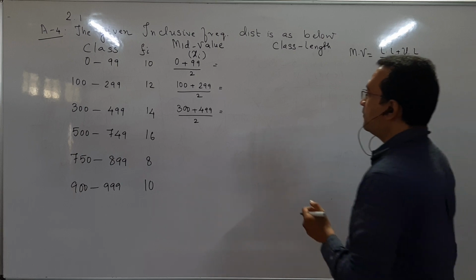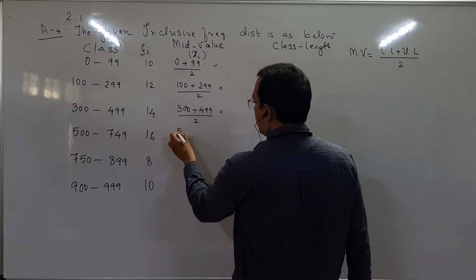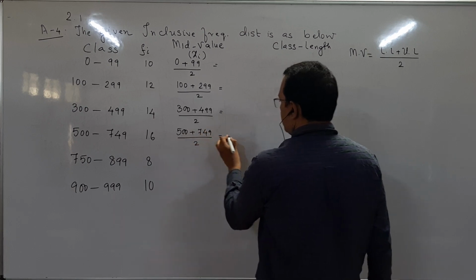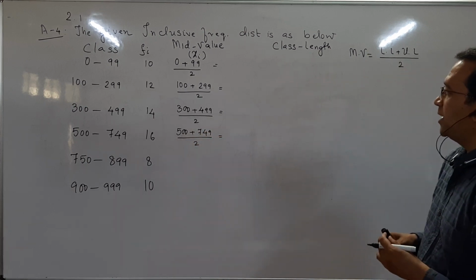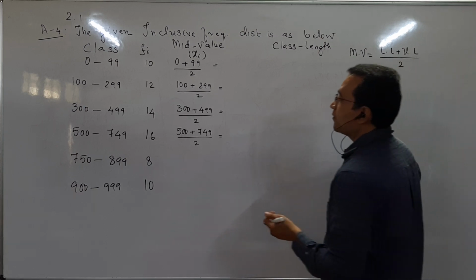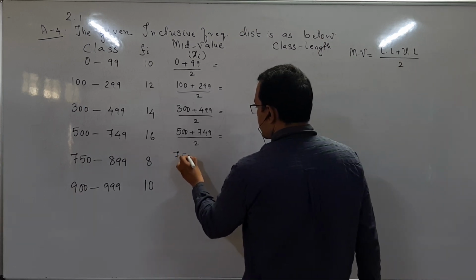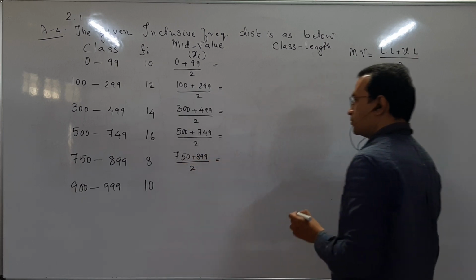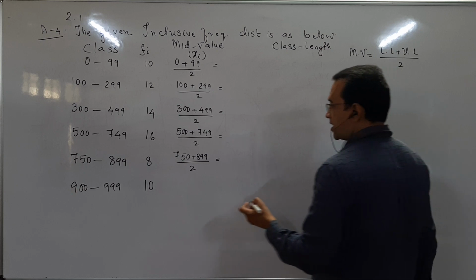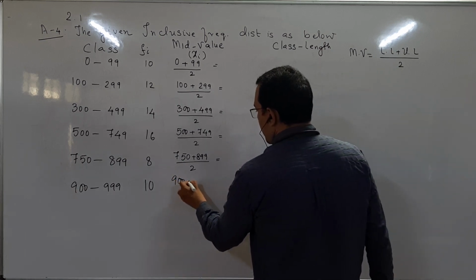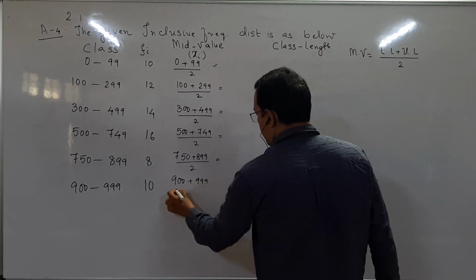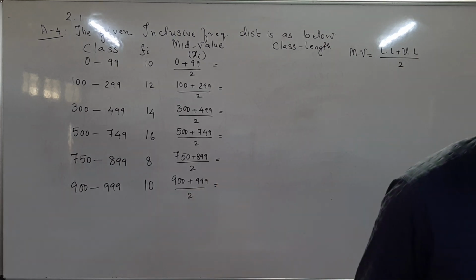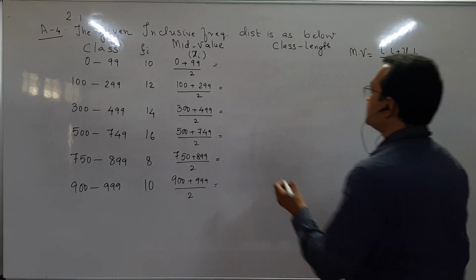If I want to find mid value for class number 4, lower limit is 500 plus 749 divided by 2. If I want to find mid value for class number 5, it is lower limit 750 plus upper limit 899 divided by 2. And for the last, the sixth class, the mid value will be 900 plus 999 divided by 2. So operating all this, we get 49.5.